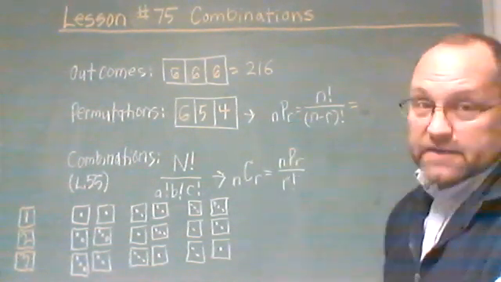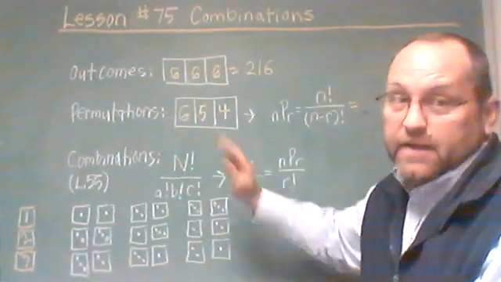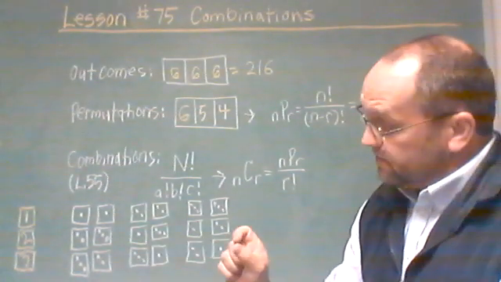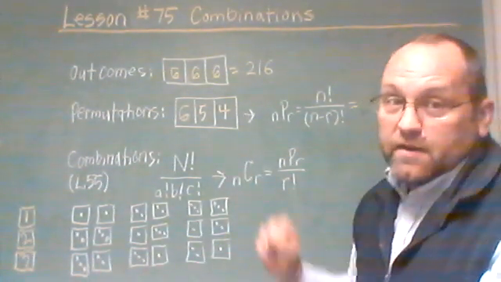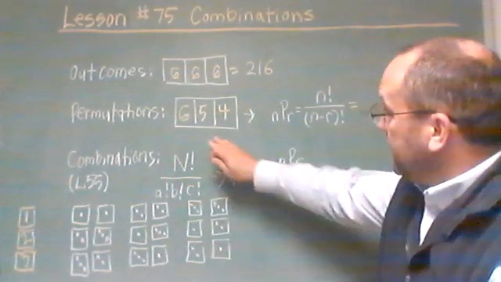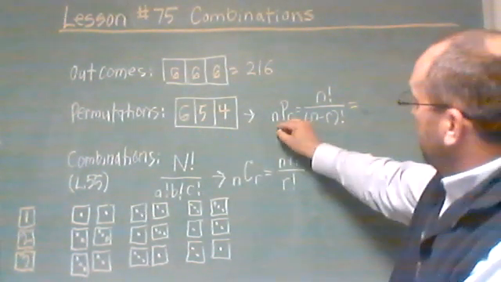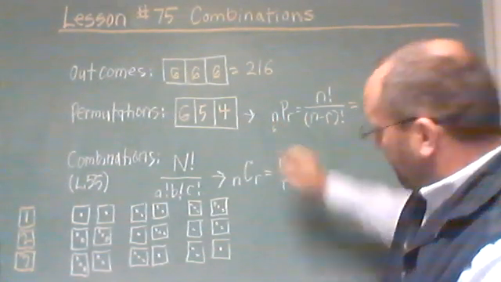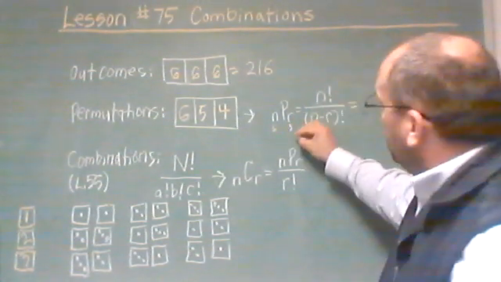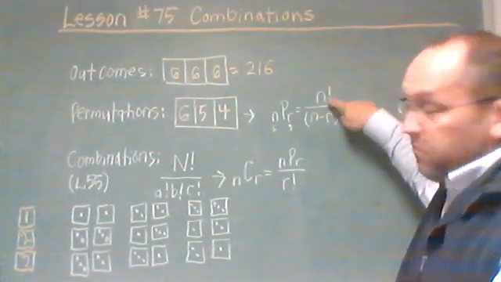The r is how many times we're taking them. We're taking them 3 times because we have 3 different dice. If we had the dice in a bag and picked one and saw the number, then picked a second one, r represents the number of times we're doing that. And in permutations, we're not allowed repetition. So the 6 will be our n, and the r will be the 3. You can practice putting these into your calculator, or you could write it out in equation form.